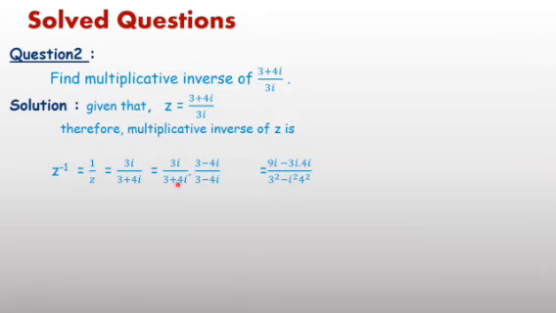Multiply by the conjugate of the denominator, 3 minus 4i, and further simplify. After solving you will get 12 upon 25 plus i into 9 upon 25, and you get the multiplicative inverse. If any question is given as multiplicative inverse, in this pattern you can solve.